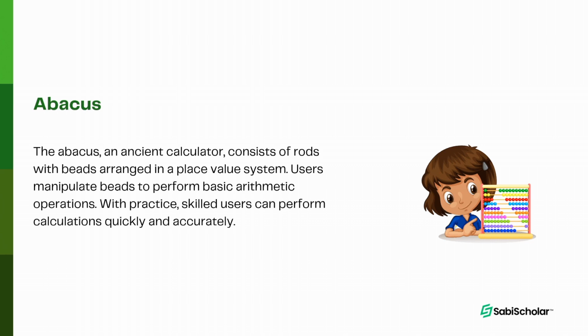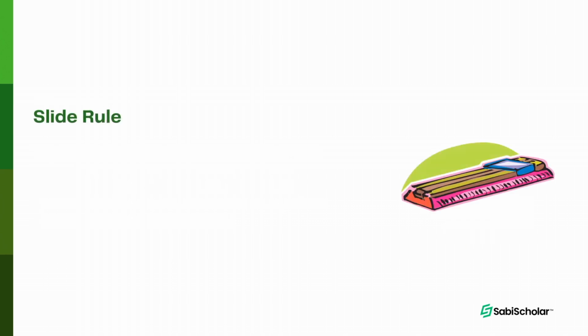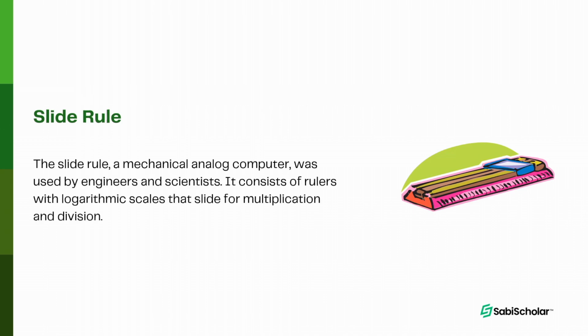So the next thing we're going to be looking at is the slide rule. The slide rule was a mechanical analog computer, which was used by scientists and engineers. Picture a slide rule as two modern-day rulers which slide towards opposite sides of each other. That's actually how the slide rule was. And it had some engravings with values, similar to the place value system on the abacus.